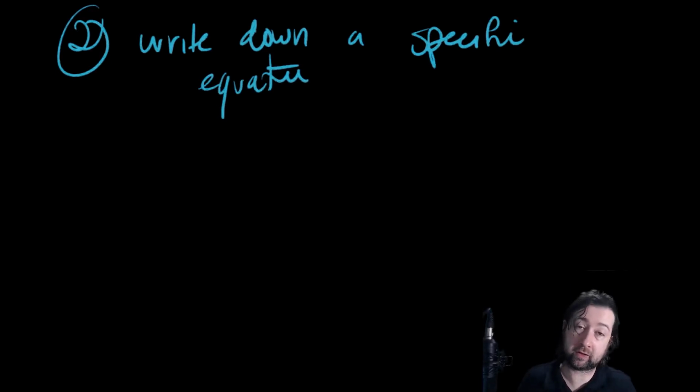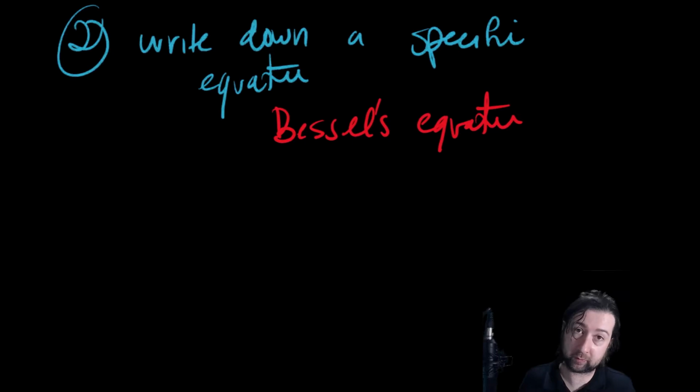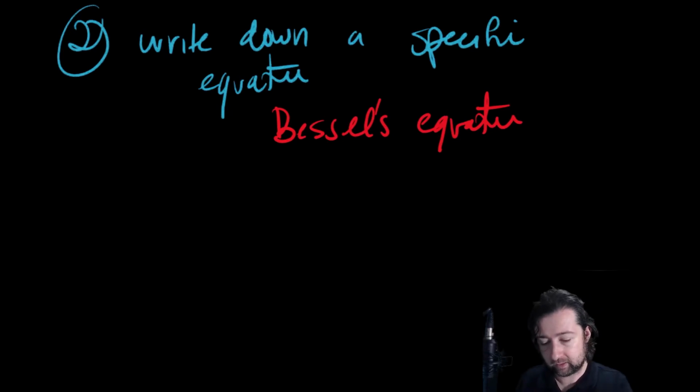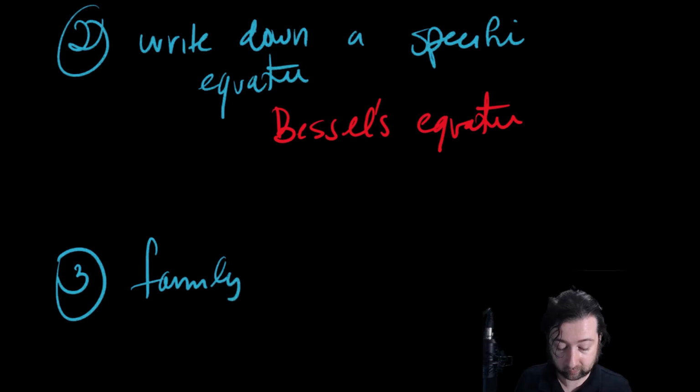and the equation we're going to be looking at is called Bessel's equation, which shows up when you're trying to solve a Laplacian from physical systems. So spherical harmonics are one context that you see this in. Once we have a specific equation, we're going to look at, hopefully, a family of solutions.